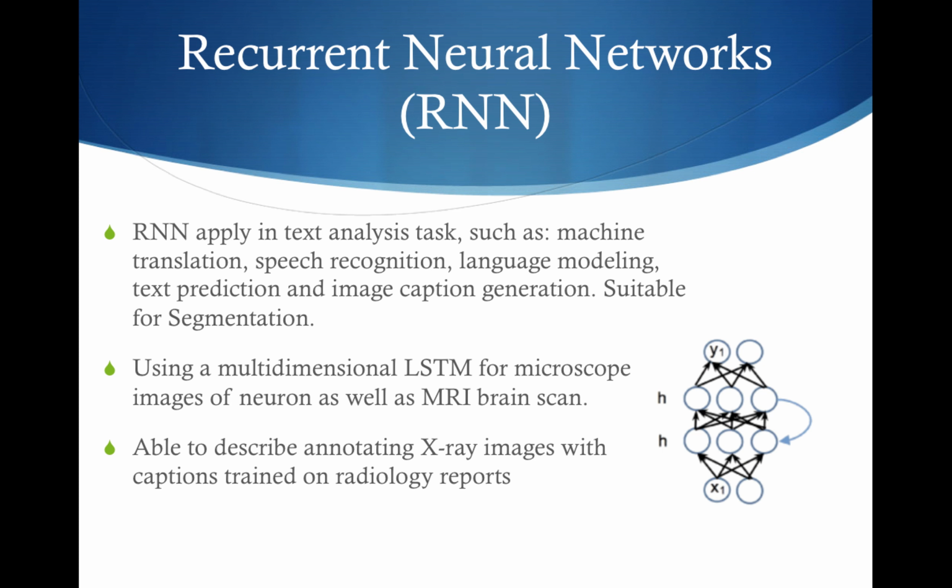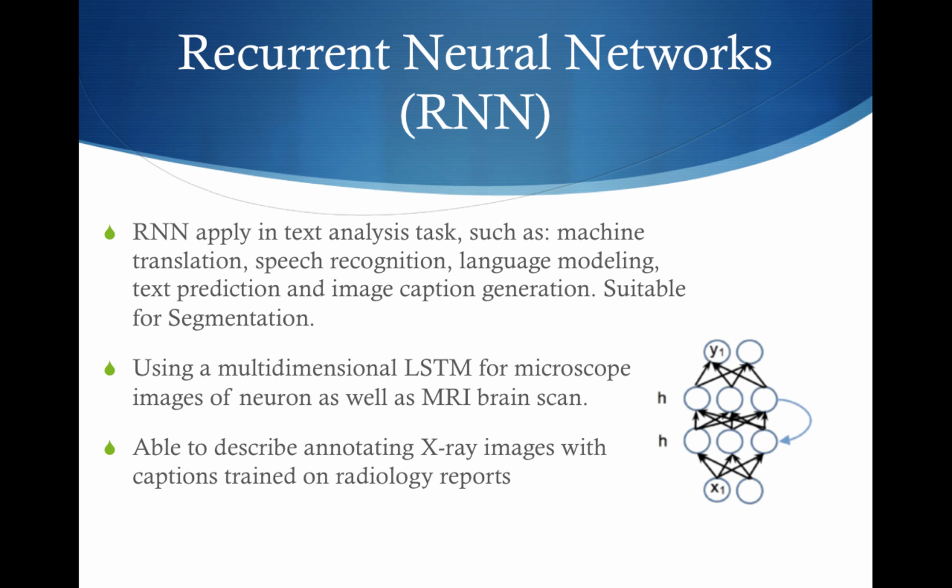For that feature, RNN has been applied in text analysis tasks such as machine translation, speech recognition, language modeling, text prediction, and image caption generation. The output of the layer is added into the next input, which is the feature of the RNN, so it is suitable for segmentation.